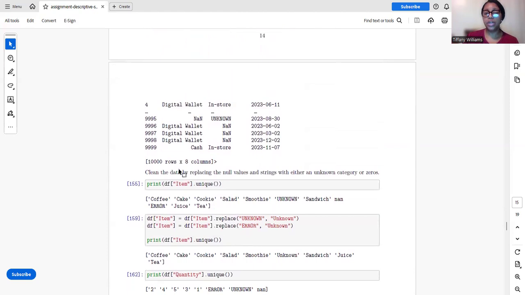In each of those columns, I looked for the unique values. Here it was the categories of the type of things that were sold. Those errors and unknowns, I replaced them with just an unknown.